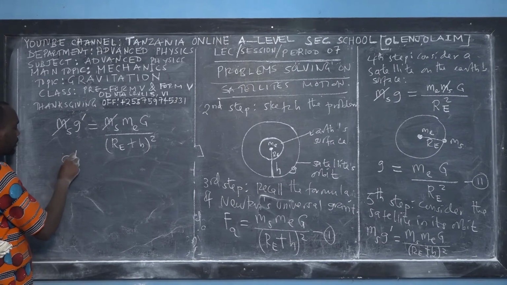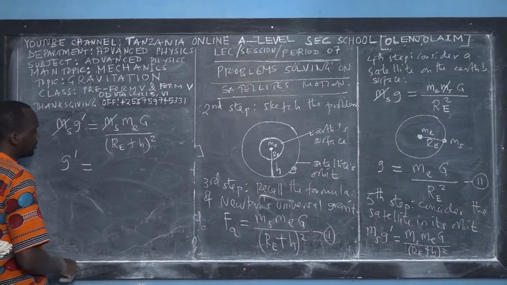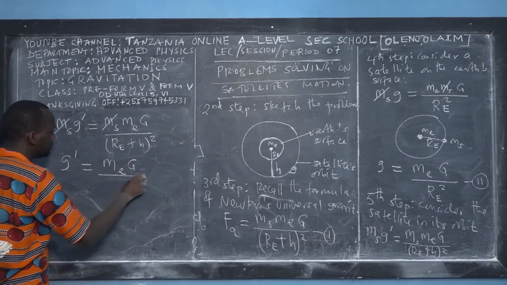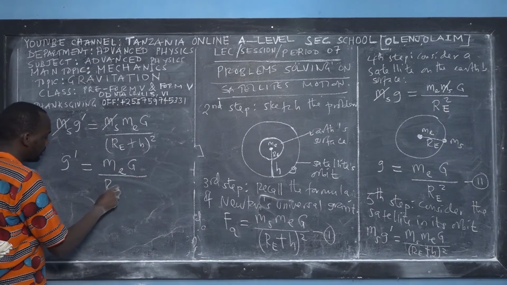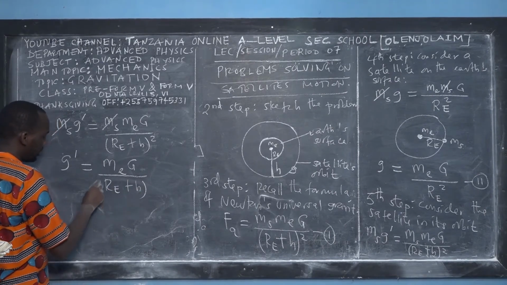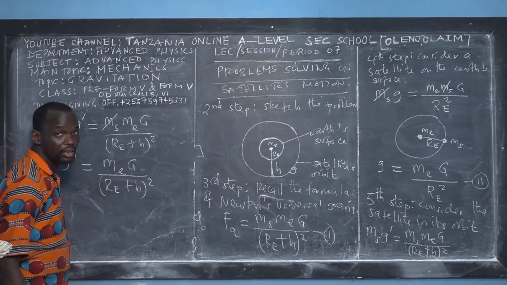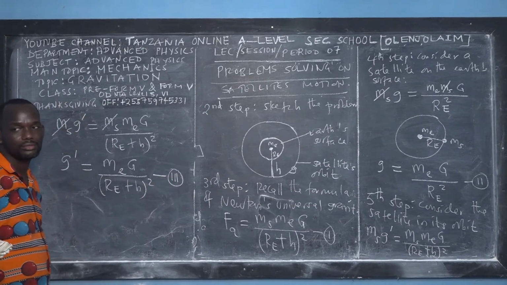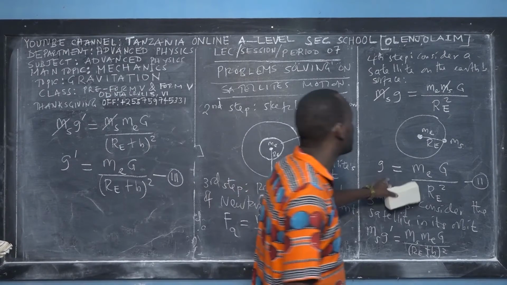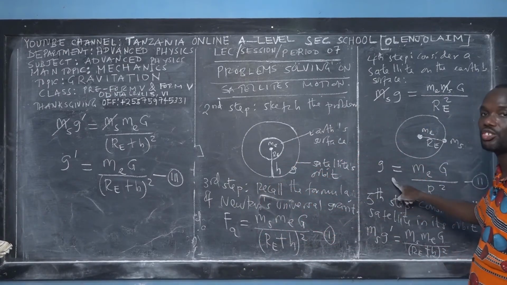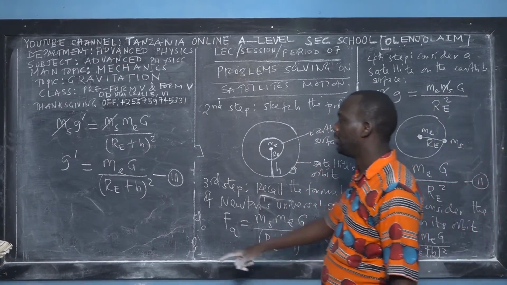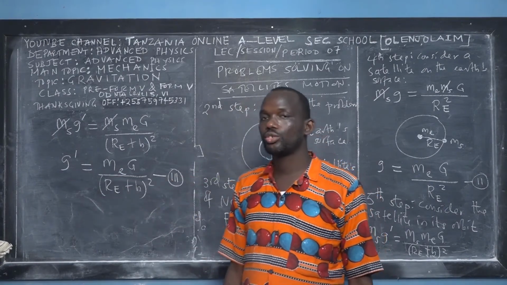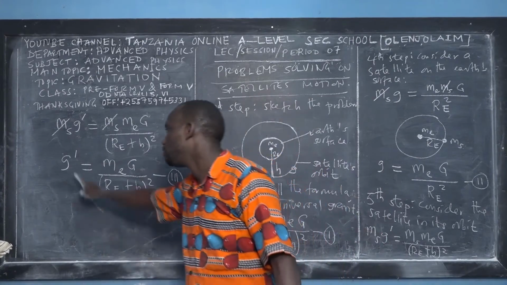So acceleration due to gravity on the satellite is equal to the mass of the Earth times the universal gravitational constant divided by the radius of the Earth plus the height squared. So this is the third equation, right? This will give us acceleration due to gravity on the Earth's surface, and this equation will give us acceleration due to gravity on the satellite. What I've been asked to find is g dash.